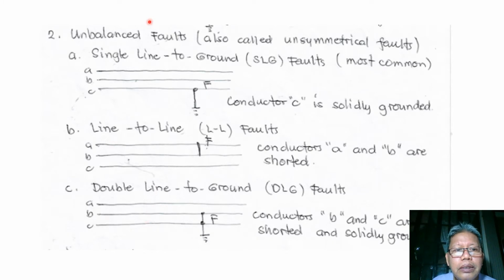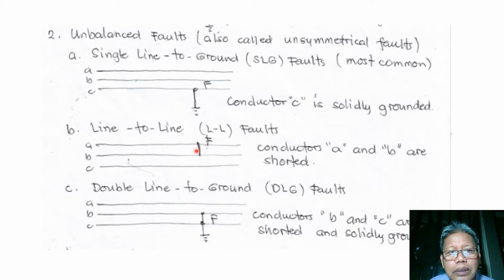And then number 2, we have the unbalanced faults, also called the unsymmetrical faults. Under this we have the single line-to-ground faults, where one conductor is grounded, or shorted towards the ground. In this case, you have conductor C being solidly grounded.